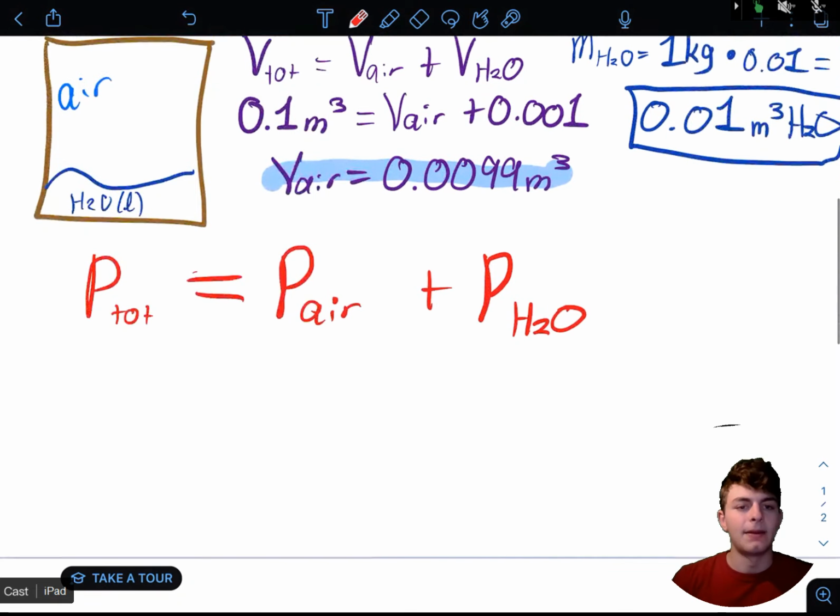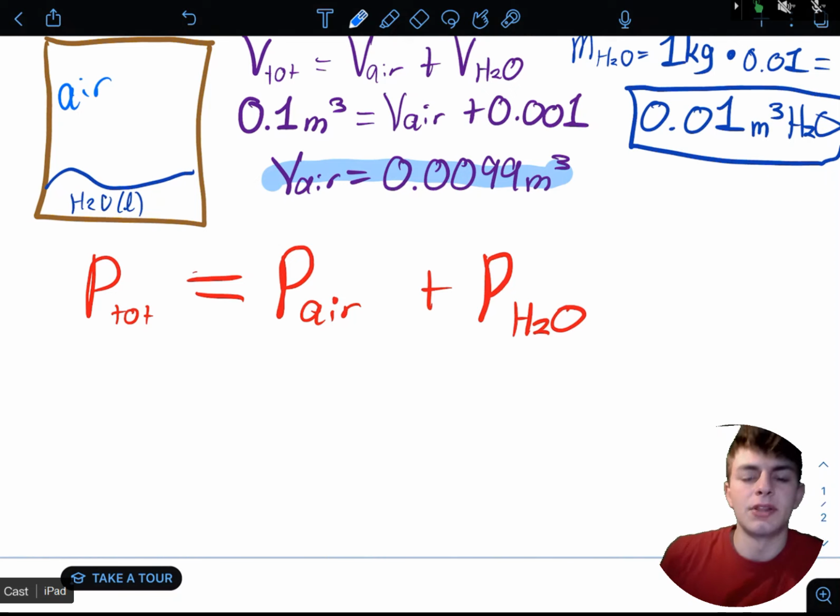Okay, so with this, I think the pressure of the air is the relatively simpler one, so we'll start with that. The pressure of the air is at low pressure, and we're going to consider atmospheric pressure, or 101,325 pascals, a relatively low pressure.